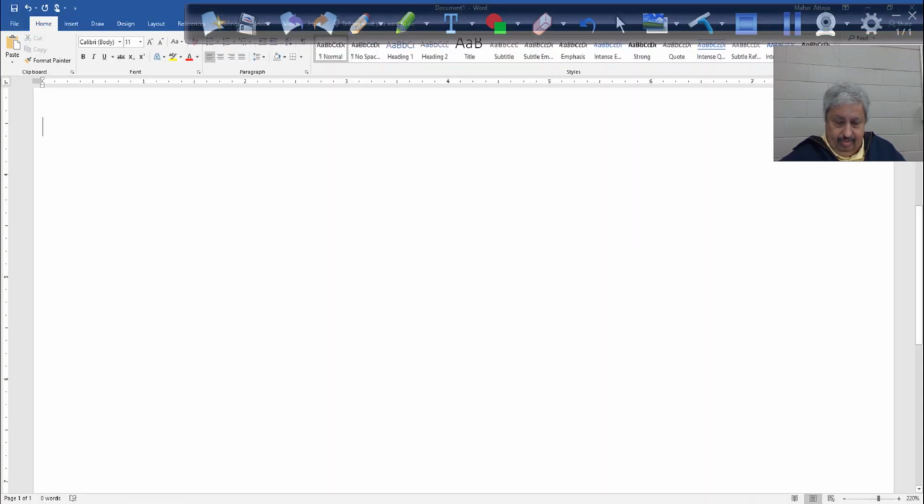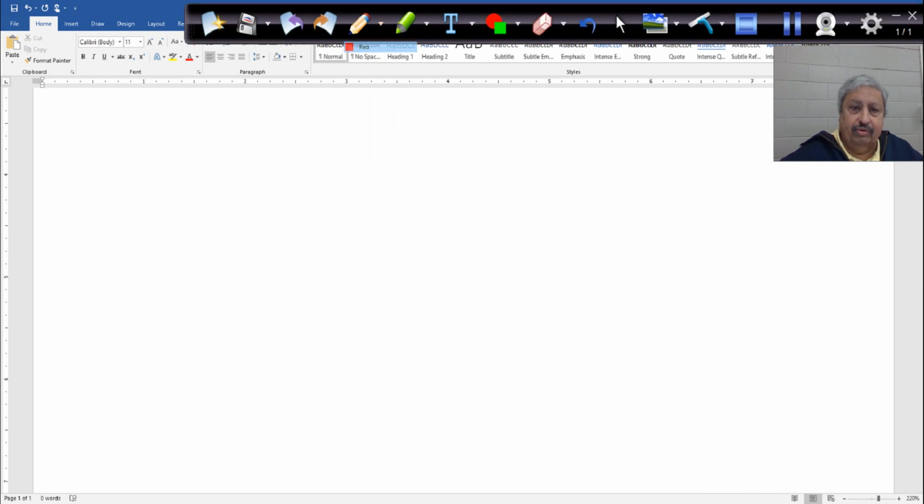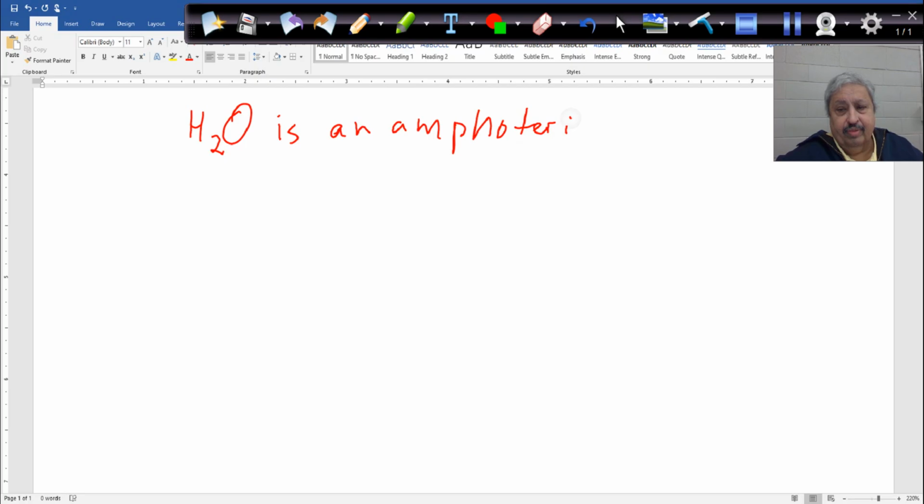So here it is. H2O is a very unique compound that's called amphoteric. What does it mean? Like a metalloid. A metalloid can act as a metal in some conditions, and as a non-metal in other conditions.